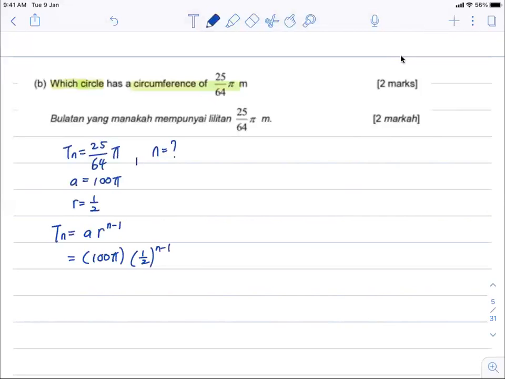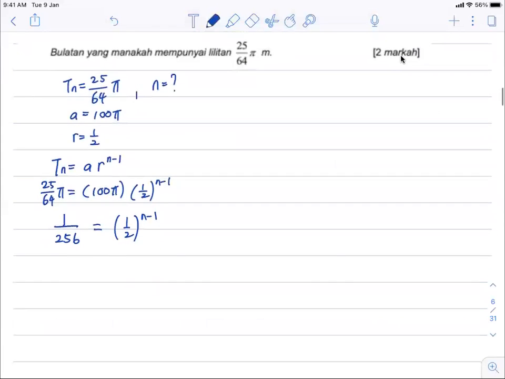And then Tn is equal to 25 over 64 pi. And take 25 over 64 pi divided by 100 pi. We get 1 over 256 is equal to 1 over 2 power of n minus 1.